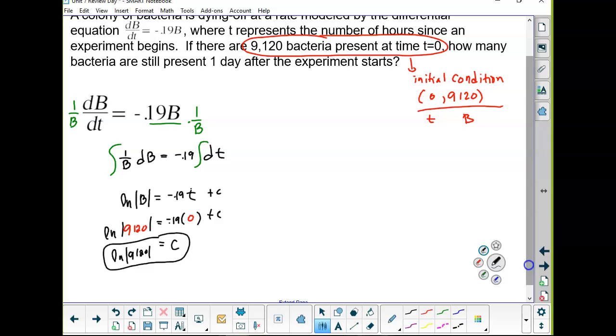Now I will note, if you've done a lot of these problems, you could have skipped everything we just did, because there's a pattern here. This is the PERT formula in disguise. But not a lot of students see that right away. So I don't think there's any harm in going through doing the work that we're doing here. But now let's go ahead and put that plus c right back in.